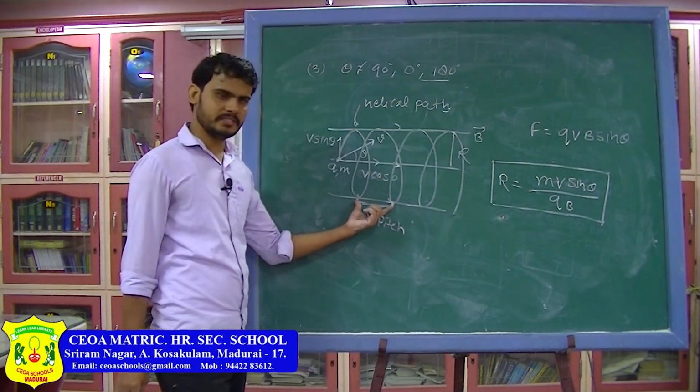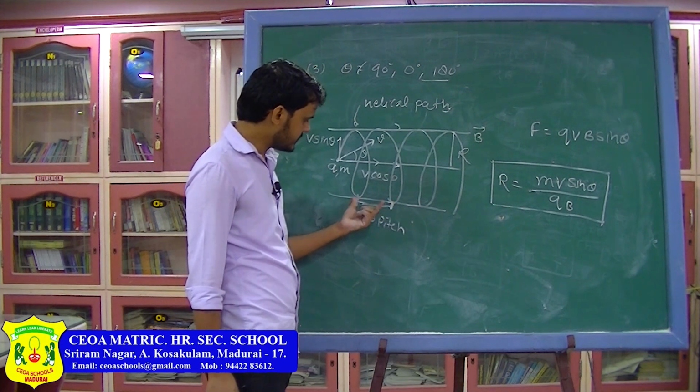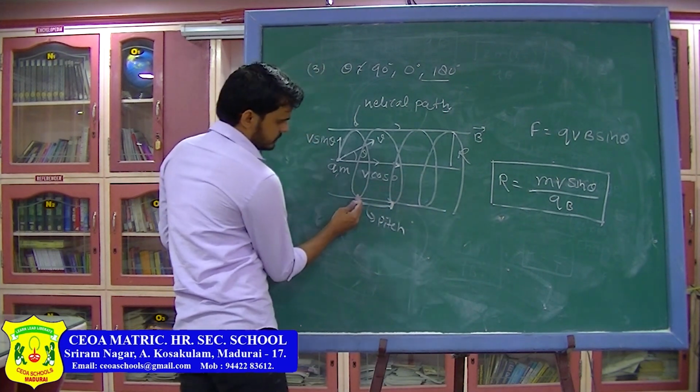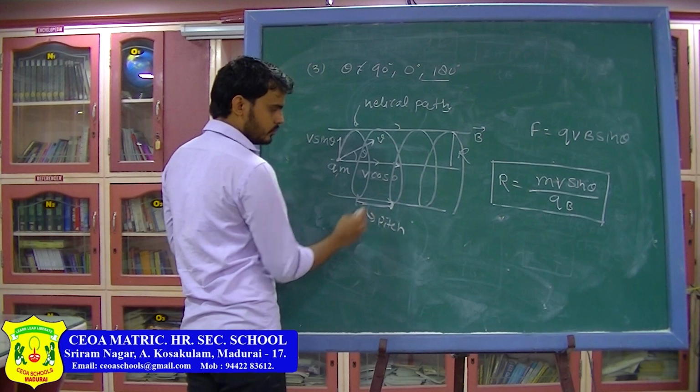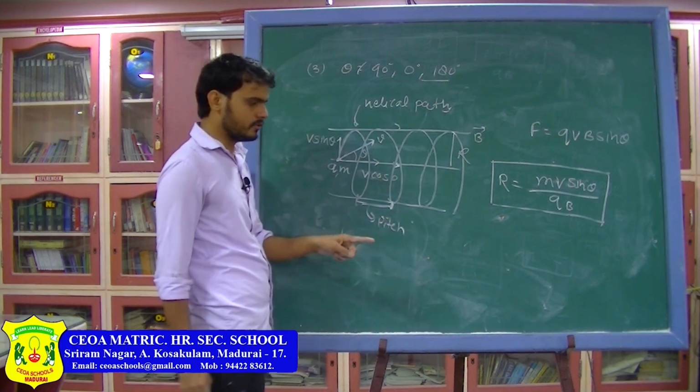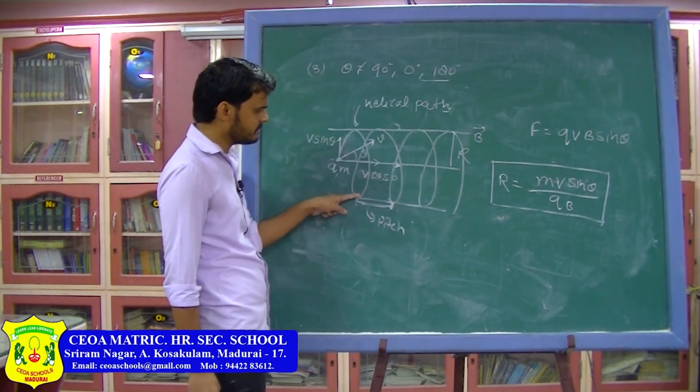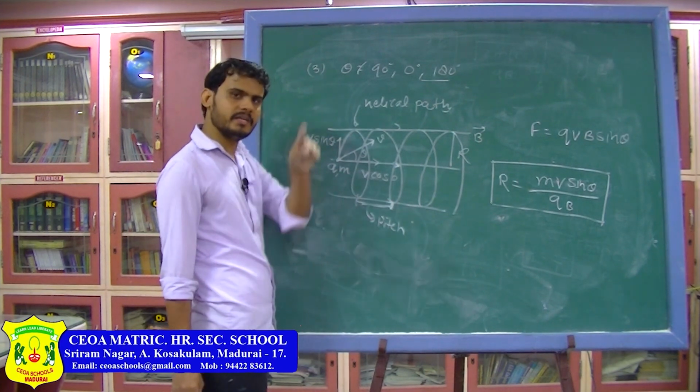Similarly, the formula for pitch can be written as the velocity in this direction into the time taken to complete one cycle, because the particle starts from here and again reaches this point after completing one rotation.